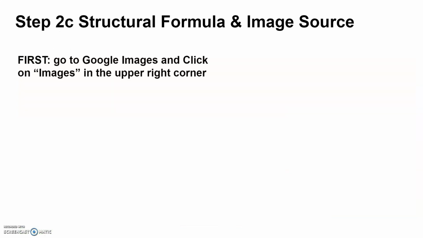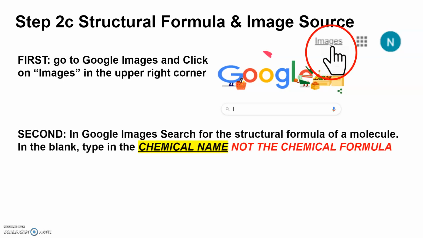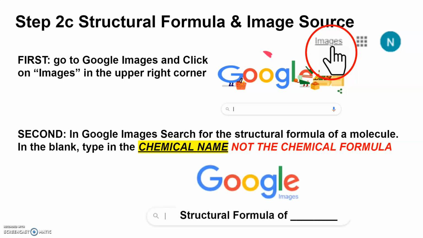So now we're going to go into the structural formula and the image source. In order to get the structural formula, you need to go to Google Images. So click on Google Images in the upper right of your Google page, and then you're going to type in the chemical name, not the chemical formula, but the chemical name. So the structural formula of whatever name you got.